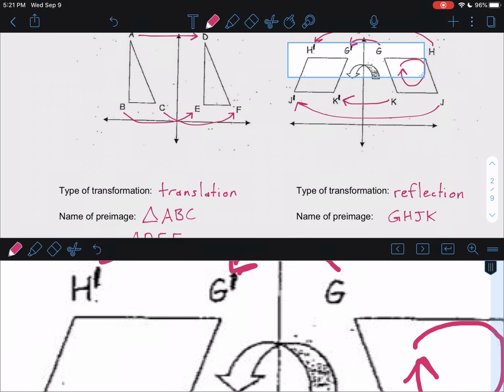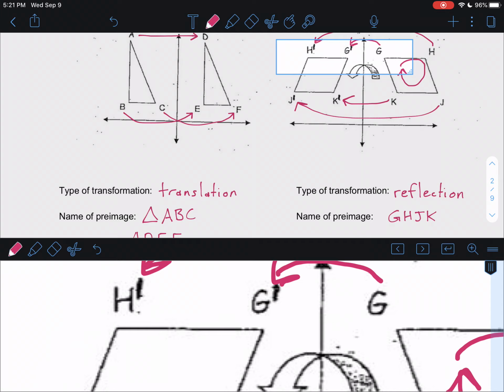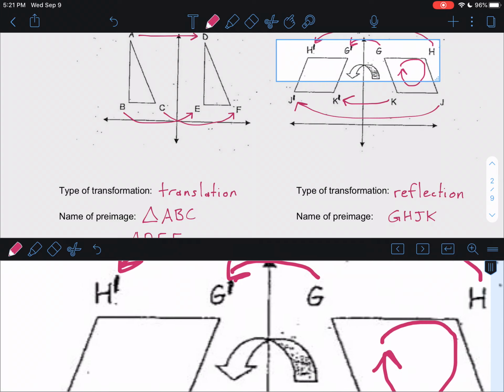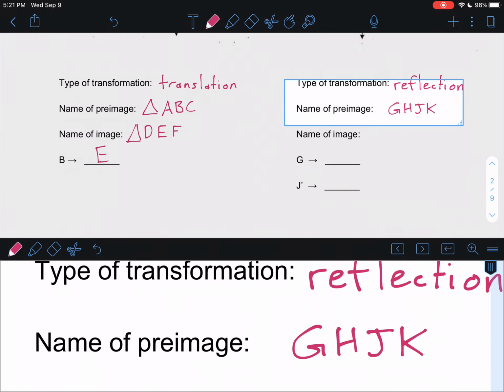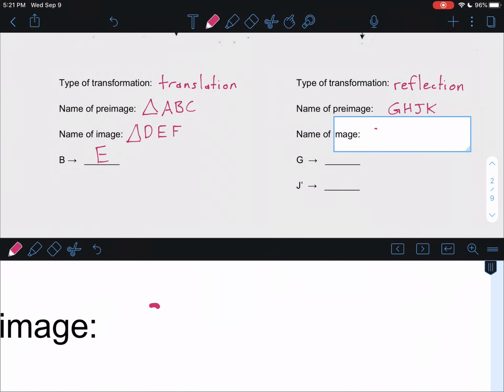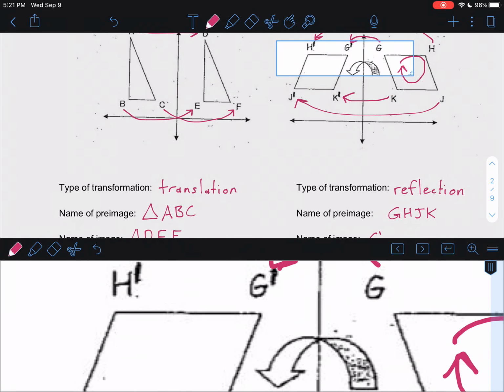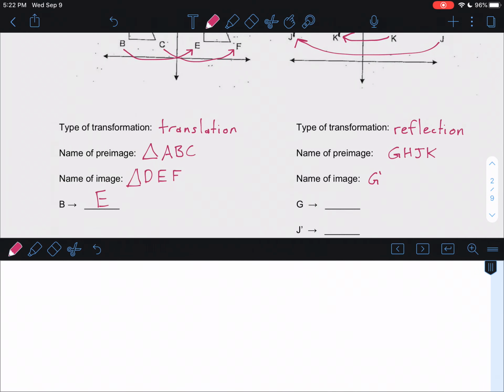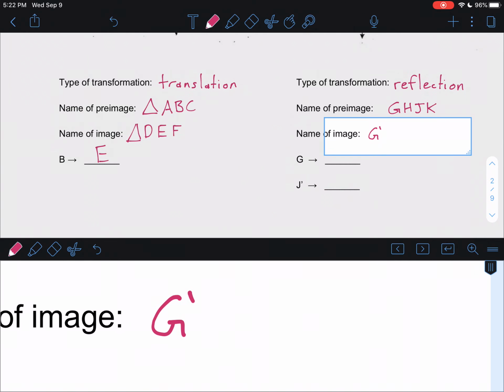And even though I just said that we read them clockwise, and we start with the first one alphabetically, the name of the image after it gets reflected is going to start with G prime, because that's the first one alphabetically. And even though I said we would go clockwise, which means K prime should come next, we don't want to do that because this is not just any old figure, it's an image.